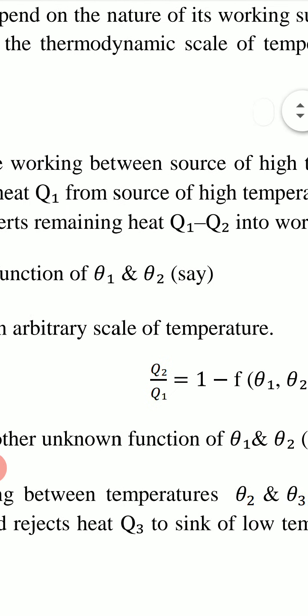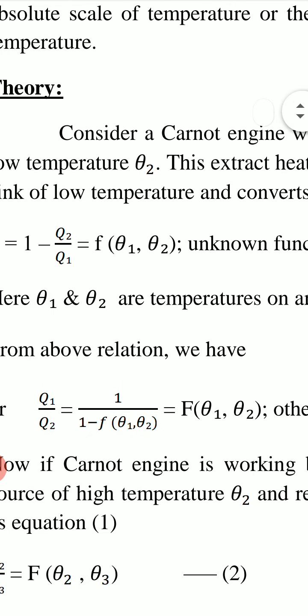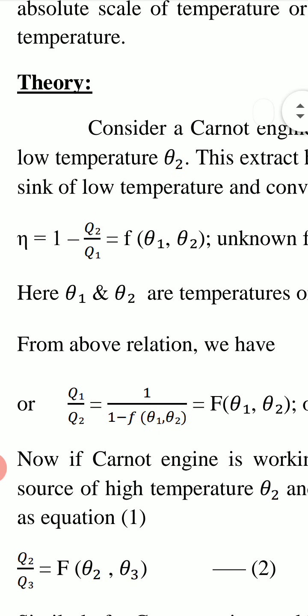Efficiency of this engine will be given by eta equal to 1 minus Q2 upon Q1, and this efficiency will be function of temperature of source and temperature of sink.